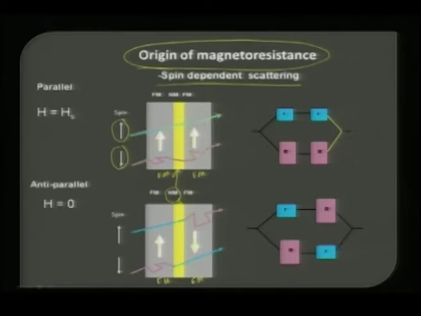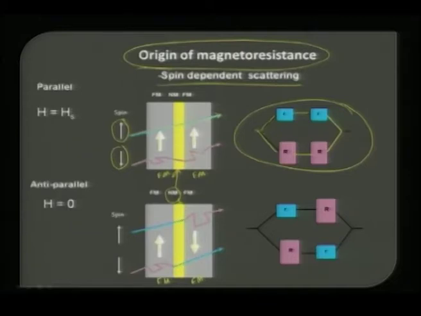So if you translate this to a resistivity model, for the spin up there is a low resistance pathway which is like this, but for a spin down the resistance pathway comes out like this, which is bigger, because in both cases it is getting scattered. Therefore the resistance in this form is a high resistivity issue.